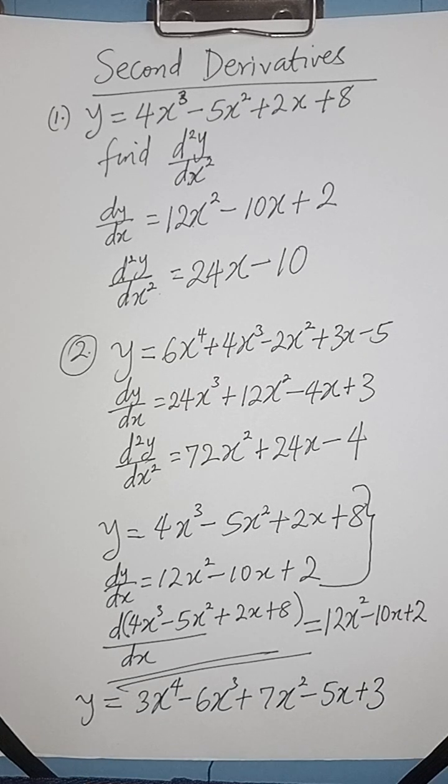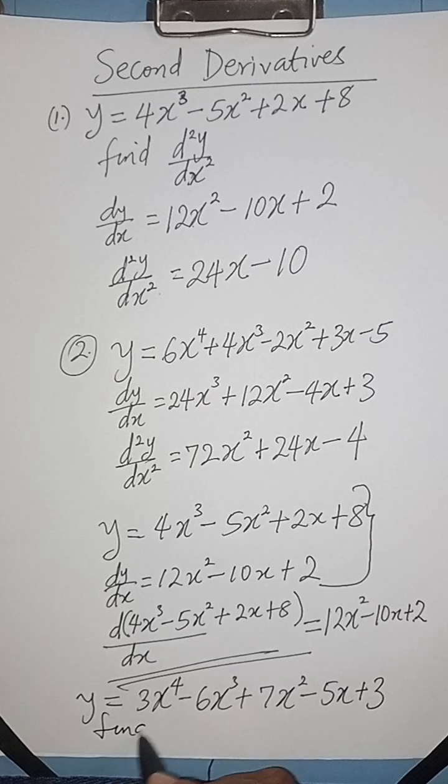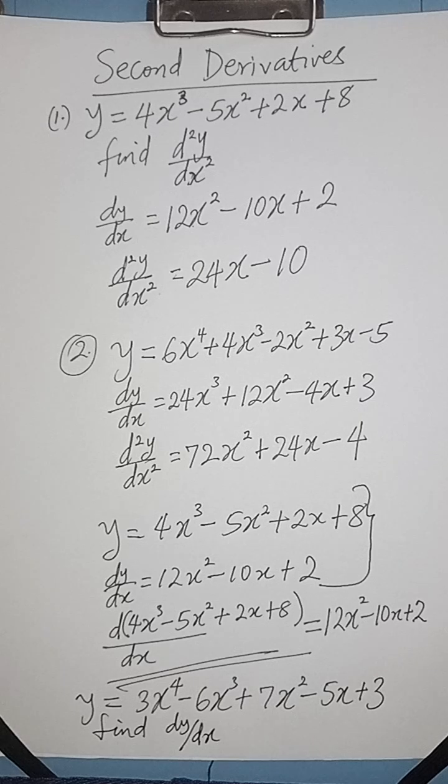Now, I want you to differentiate this for me and tell me what would be dy/dx. Here, you're just finding the first derivative, dy/dx. Now, put your solution in the comment section.